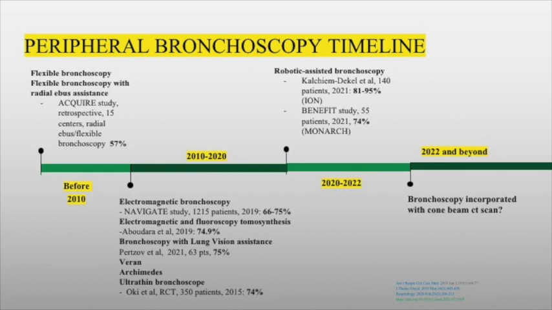There have been a few studies that show the efficacy of these two robotic systems, with the study from Memorial Sloan Kettering proving the diagnostic yield of shape sensing robotic bronchoscopy from 81 to 95% of the time. And then in the BENEFIT study, which I'm going to talk about a little bit, diagnostic yield can be up to 74% of the time.